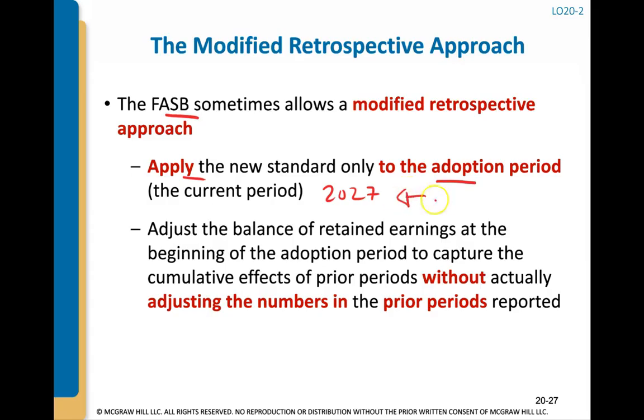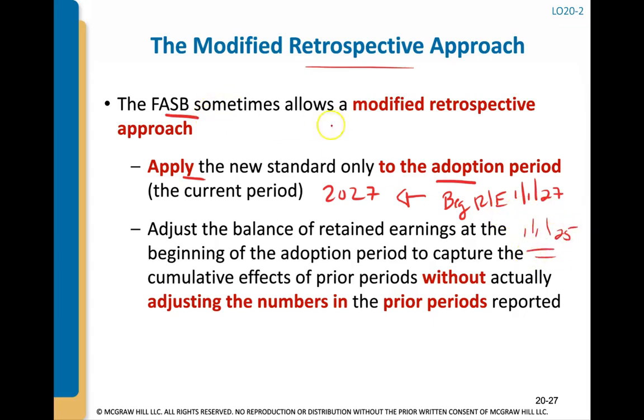We would instead sum up all those entries and just show a difference in the beginning retained earnings number starting 1/1/27, versus the full retrospective, which showed a new beginning retained earnings number on the comparative financial statements as of 1/1/25.